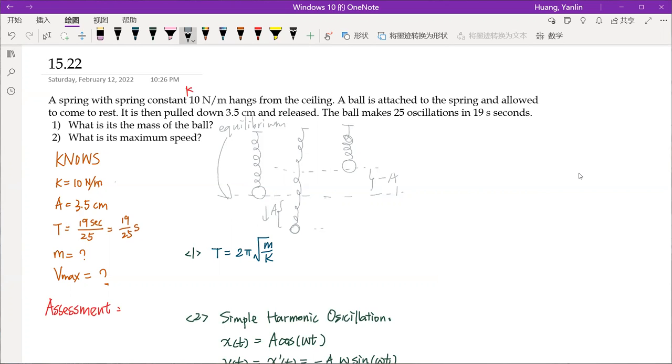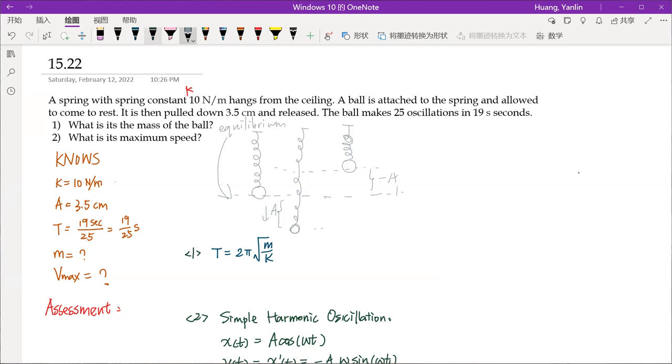Through the formula for the period, we have the period equal to 2 pi square root of m over k. We have the data for the period and k, so we are supposed to solve for m through this formula.